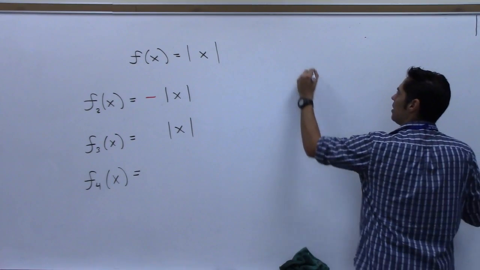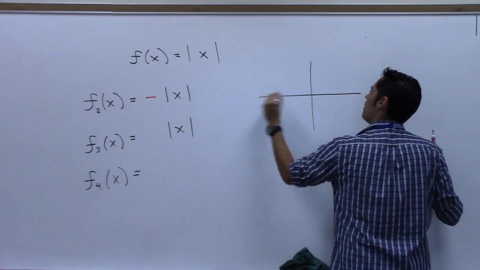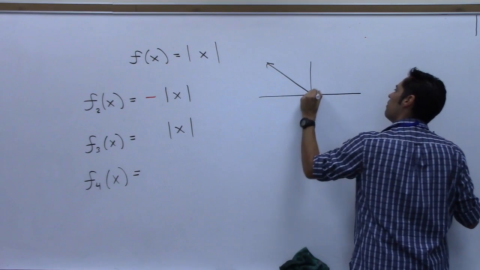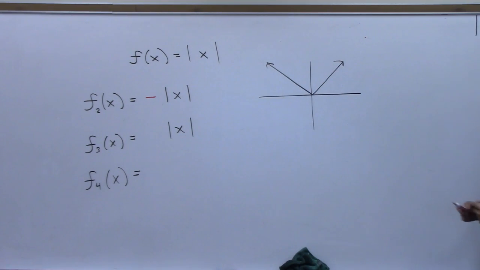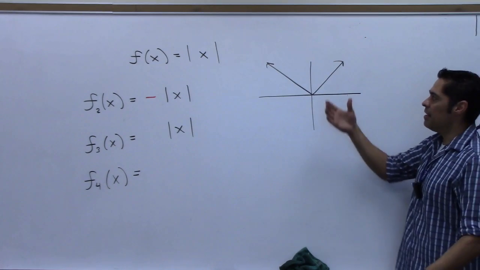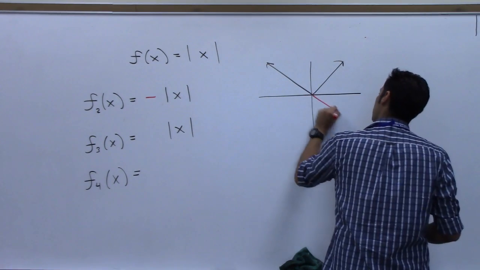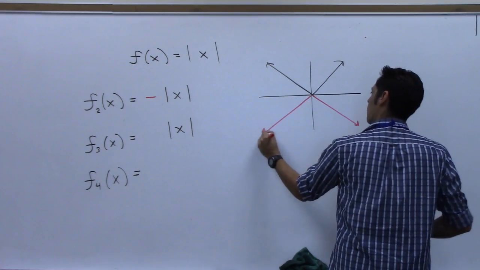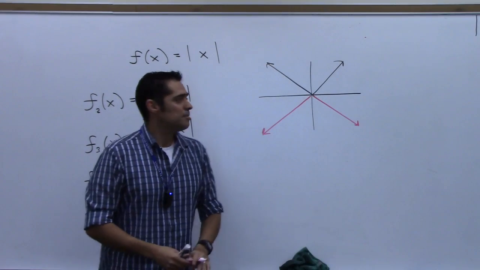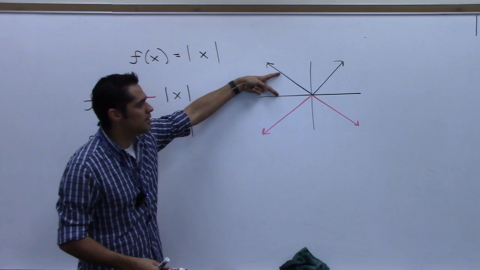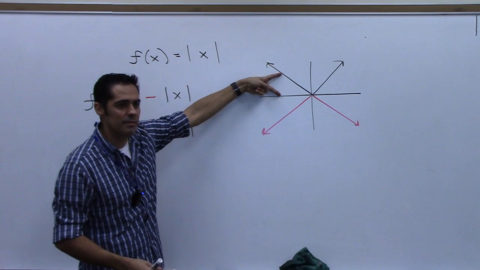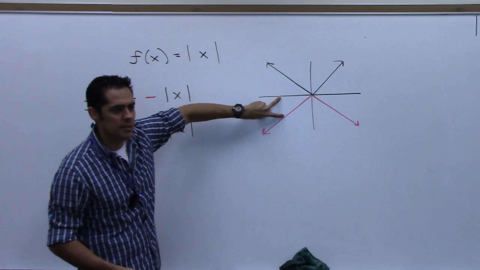Let's see if that makes any sense to you. If this is the original function right here, then to say that it's reflected over the x-axis means that it would look like this, right? And that's because every y value that used to be positive is now negative, isn't it?